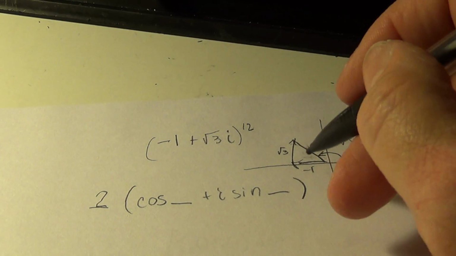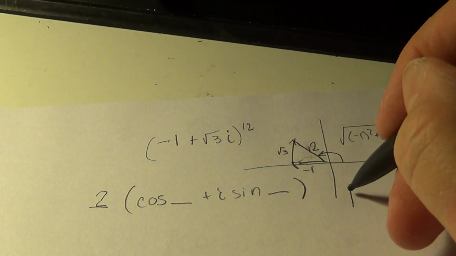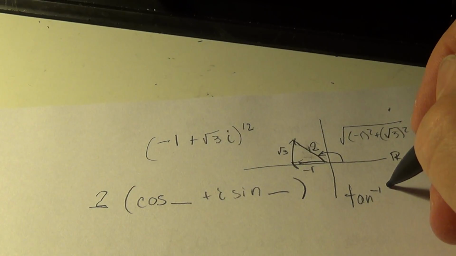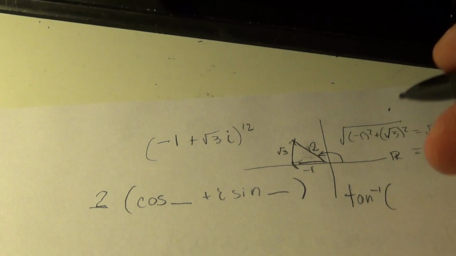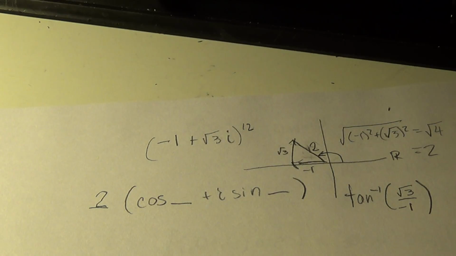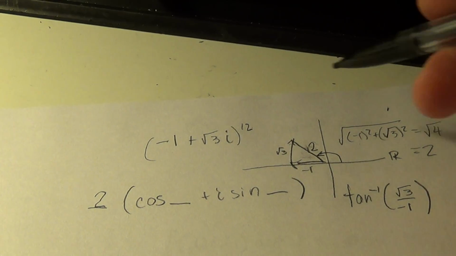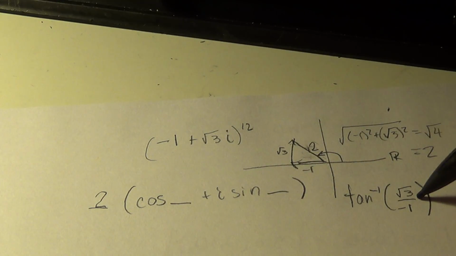The angle is found with inverse tan, and it's always the imaginary part, which is square root of 3, over the real part, so I get negative square root of 3. What angle in this quadrant has this as its tangent?